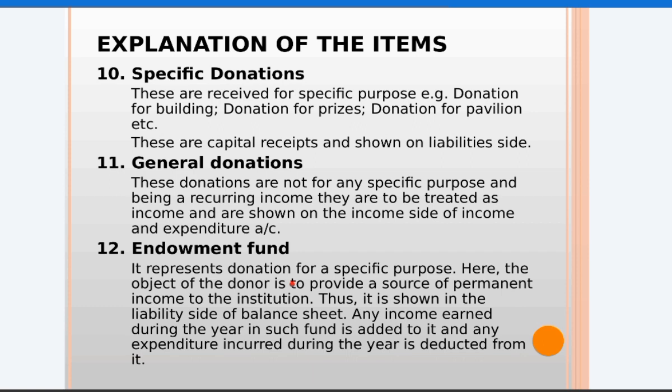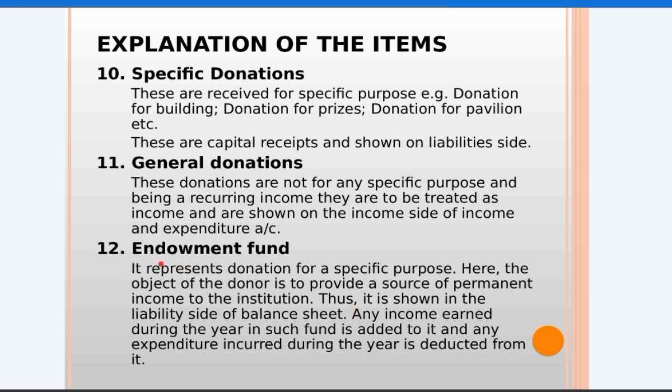Then we have the endowment fund. An endowment fund represents a donation for a specific purpose. You'll find that the purpose of the donor is to provide a source of permanent income to the institution.